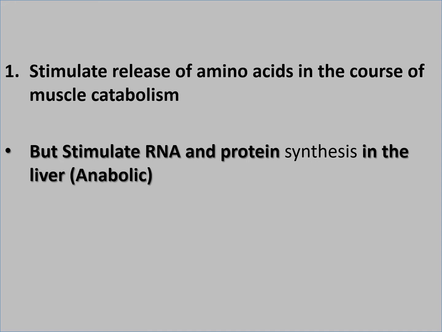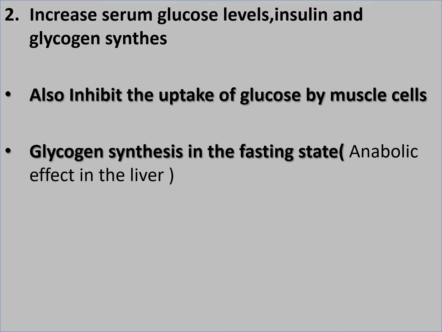But on the other hand, it stimulates RNA and protein synthesis in the liver, and this effect is anabolic. You all know now what is catabolic and what is anabolic. Other than that, there are increased serum glucose levels, increased insulin and glycogen synthesis. It also affects the uptake of glucose by the muscle cells. It inhibits it, actually.